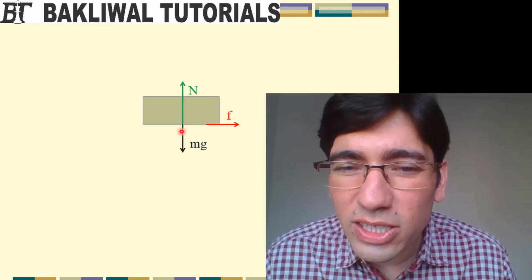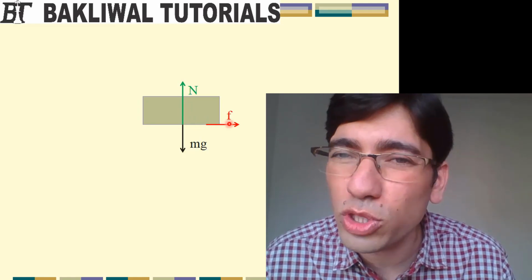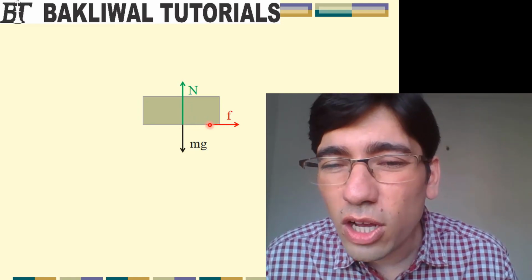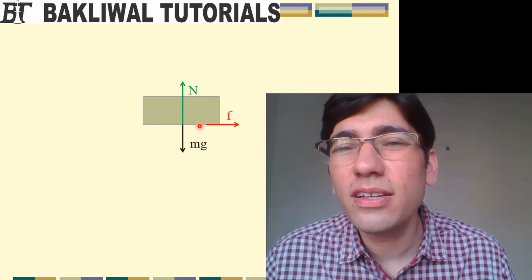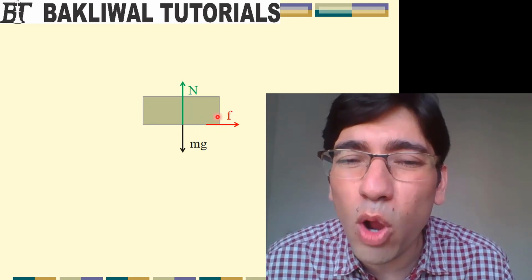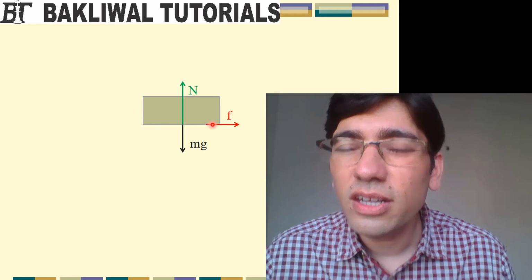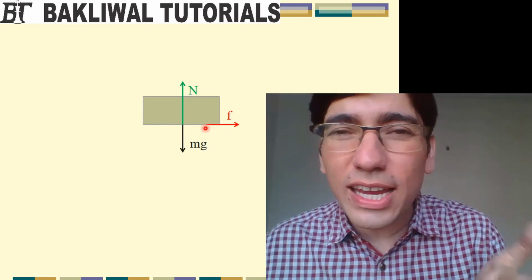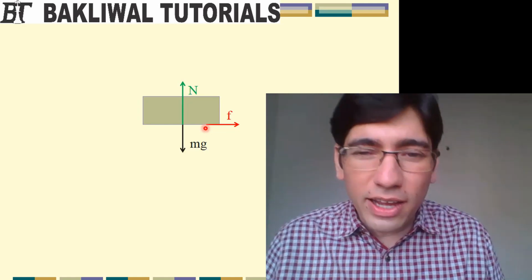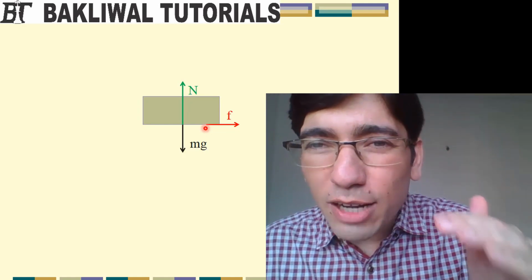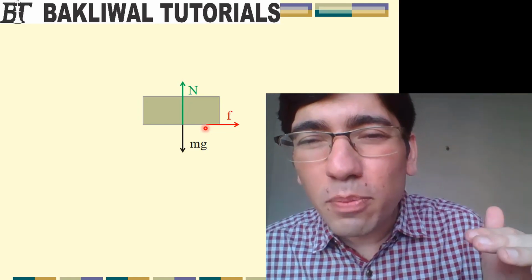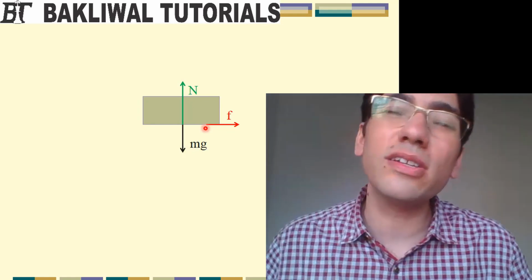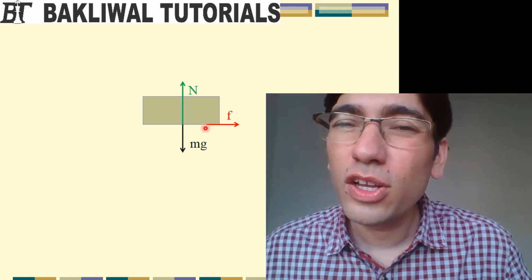In the horizontal direction, mg and normal will have no contribution, no effect. So the only force that remains in the horizontal direction on the block is friction. And that being an unbalanced force, by Newton's second law, which we learned a while back, the block should start moving towards the right by itself.